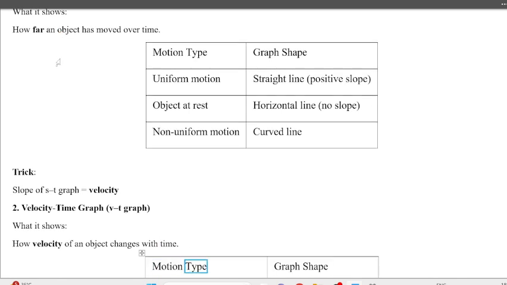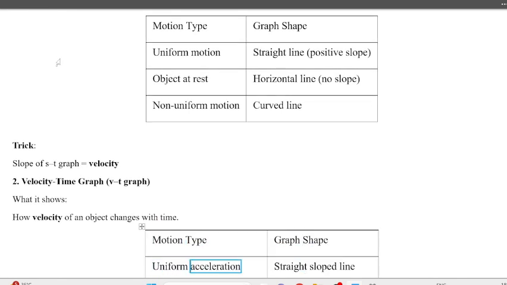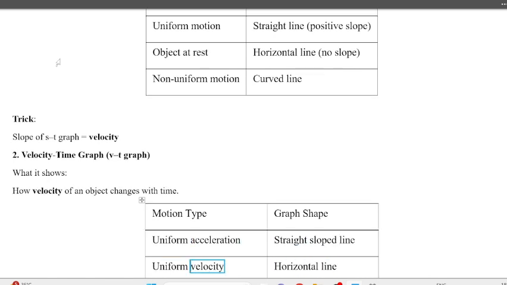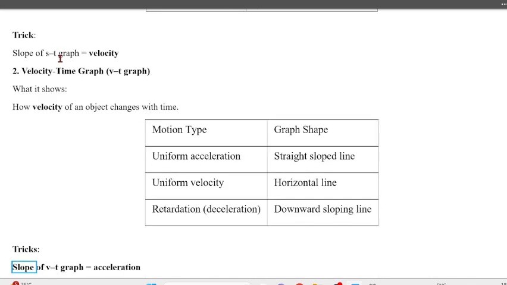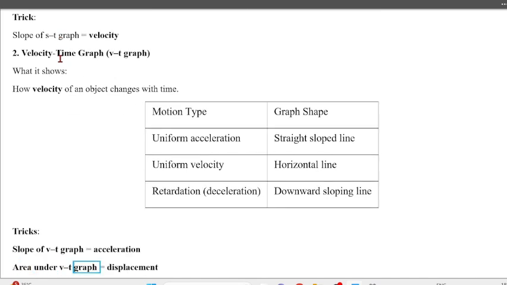Uniform acceleration, straight sloped line. Uniform velocity, horizontal line. Retardation, deceleration, downward sloping line. Tricks: slope of v-t graph is equal to acceleration. Area under v-t graph is equal to displacement.